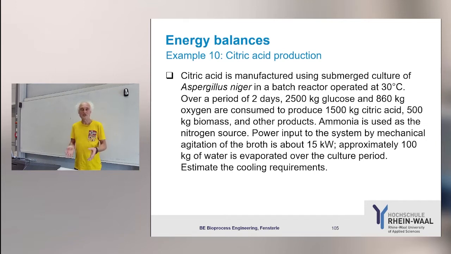If you have an energy balance to do, and if you have an aerobic reaction, you already lean back, because your only job at the beginning is to calculate how much oxygen has been consumed. And in this exercise, the coolest thing is that it's already done. You see, wow, they already gave me that 860 kilograms of oxygen are consumed.